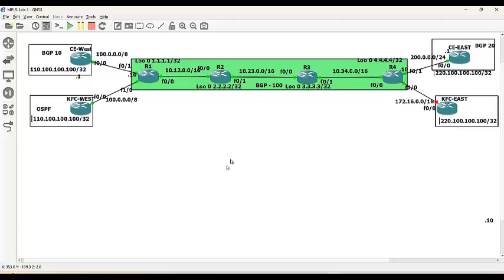So what protocol did we decide to use on East? EIGRP here. EIGRP 10. We are going to use EIGRP 10 and see how to ping from this EIGRP to OSPF via the tunnel.